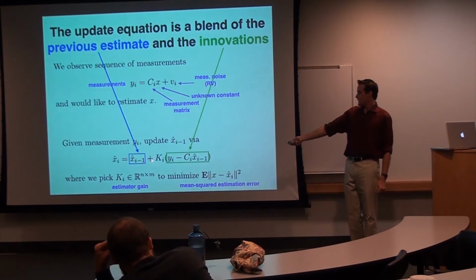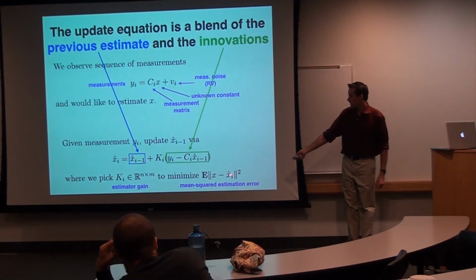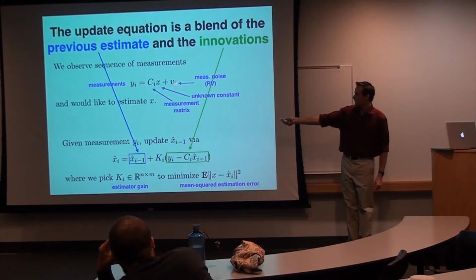So let's pick K, what's called the estimator gain, to minimize the mean square error of the estimate. A quick note: this x hat of i depends on y, and y depends on this random variable v.